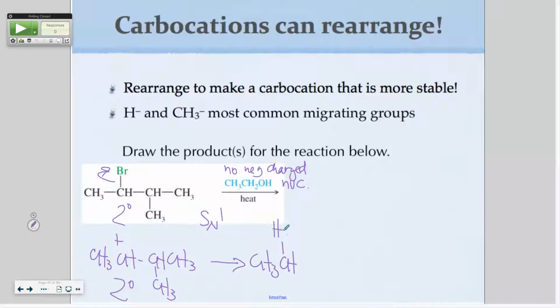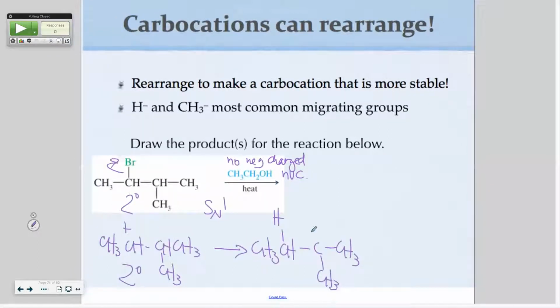Here, I'll draw it in like this. Okay, so we go from secondary to tertiary. So I'm going to draw that piece of the mechanism in here. So how would you draw your arrow?